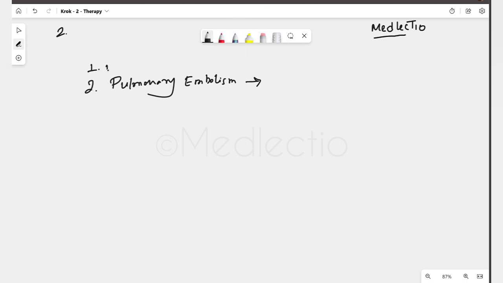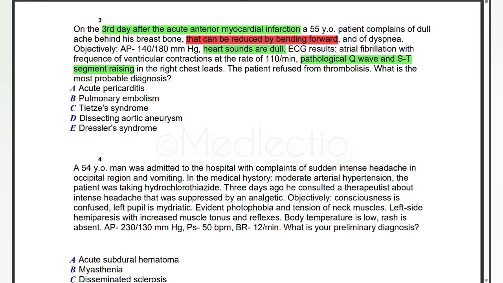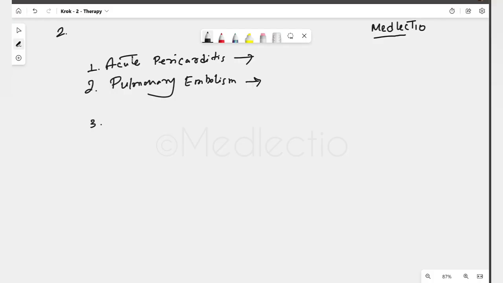Number 1 is acute pericarditis. Number 2, pulmonary embolism. Number 3, Tietze syndrome.